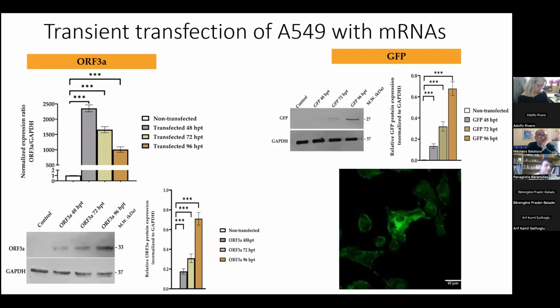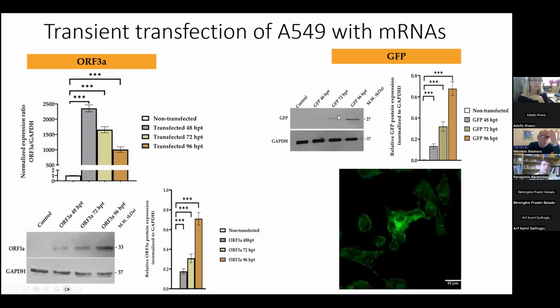We can see that the mRNA transfection was successful, both with real-time PCR and Western blot techniques. We can see that at 48 hours post-transfection, there is a peak in the mRNA levels of ORF3A, and the peak for the protein expression levels is at 96 hours post-transfection.